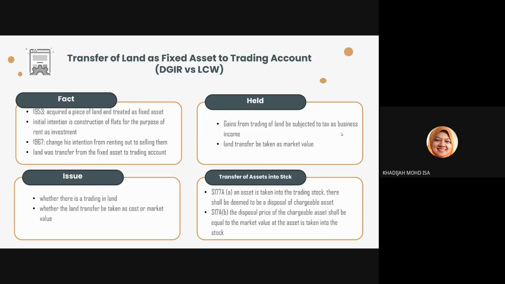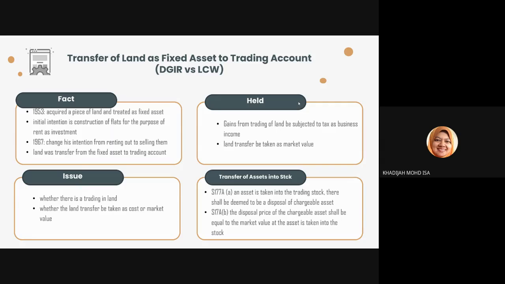All right. This topic is actually about the transfer of fixed asset to current asset. In your advanced taxation, I think it is in an early chapter. There's one specific chapter that looks into this. LCW is a very famous case, because it talks about how you determine, when you have a fixed asset, for example a building, and then you put that building into trading stock, how you are going to treat that.